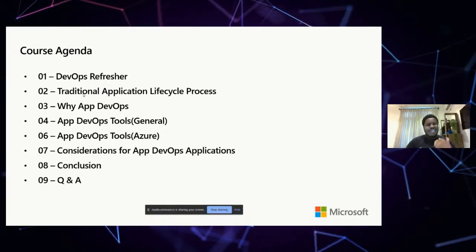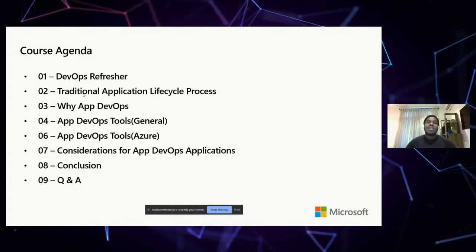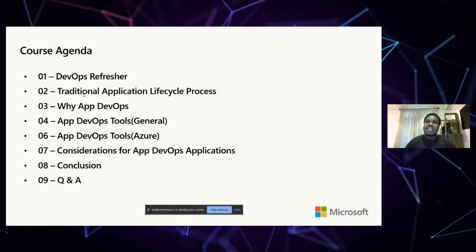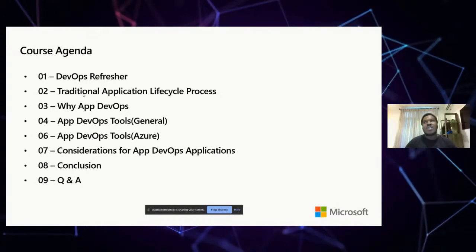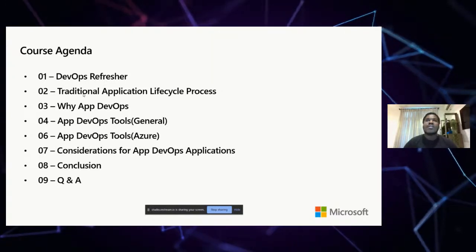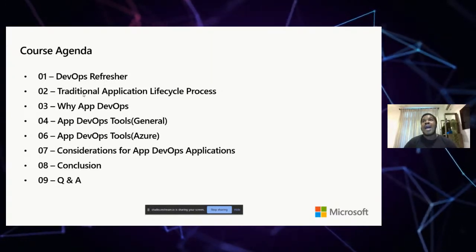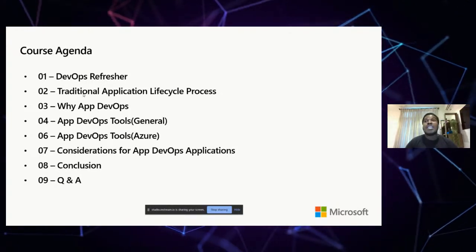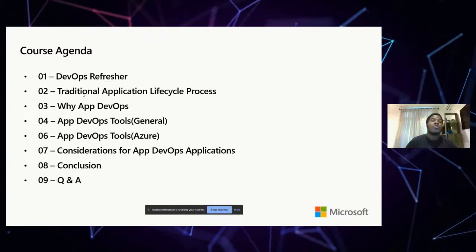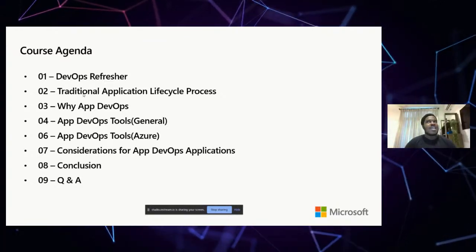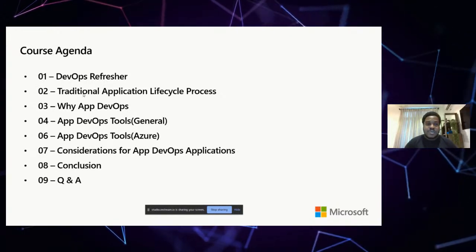After that, we'll take a look at traditional application lifecycle processes, that is, back in the day before things like automation with regards to pipelines came into play. How did companies handle their application lifecycle, from business requirement gathering up to delivery of those requirements to the customers? And from then on, we'll look at why we are even looking at DevOps or app DevOps, as the case may be.